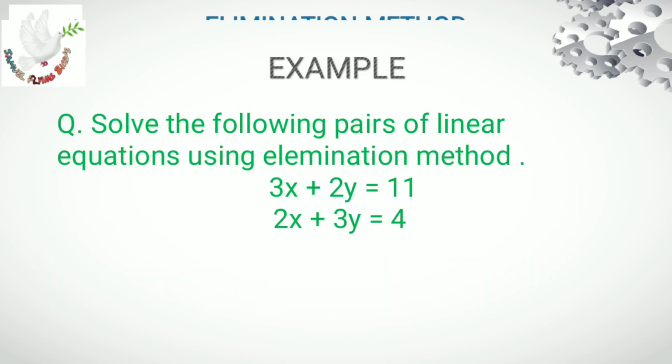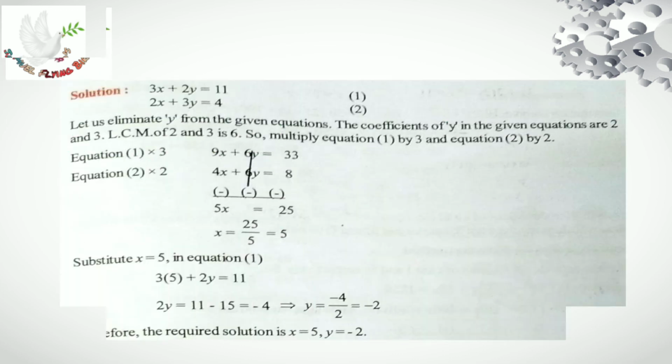Now coming to the example, solve the following pair of linear equations using the elimination method. First equation is 3x plus 2y equal to 11 and second equation is 2x plus 3y equal to 4. Coming to the solution, here we consider the first expression as equation 1 and the second expression as equation 2.